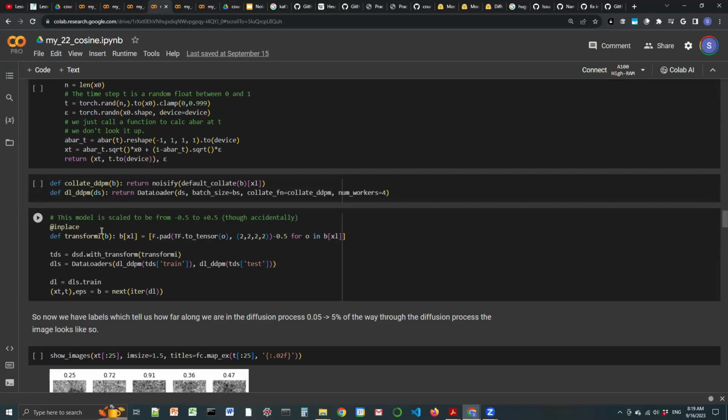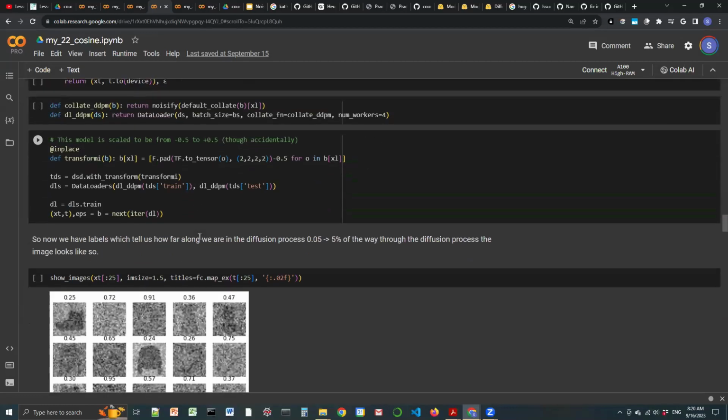And so he then shrunk the range to -0.5 to 0.5. So that's where we are. And today we learn why this range of values is very important, but that we'll do in the next hour and a half. Right now, he's just focusing on the cosine scheduling of the noise.